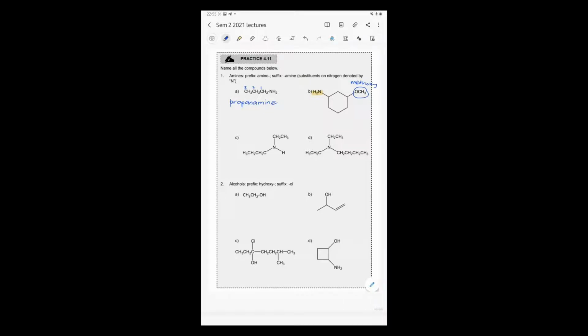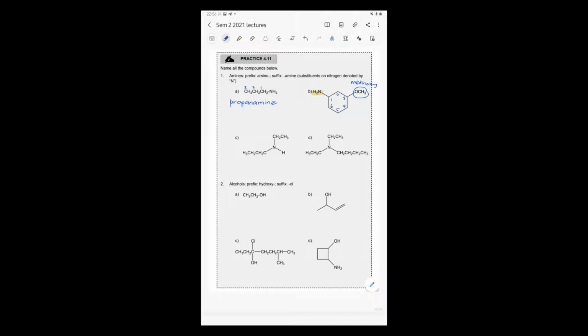Not cyclohexane, it should be cyclohexanamine, because the parent now is the NH2 and the cyclohexane structure. So we have carbon number 1 right here, because the parent must have the lowest number. And we cannot go down here for number 2, 3, 4 until we get carbon number 5 for methoxy, because methoxy must get the lowest number. So it must be 1, 2, 3, 4, 5, 6.